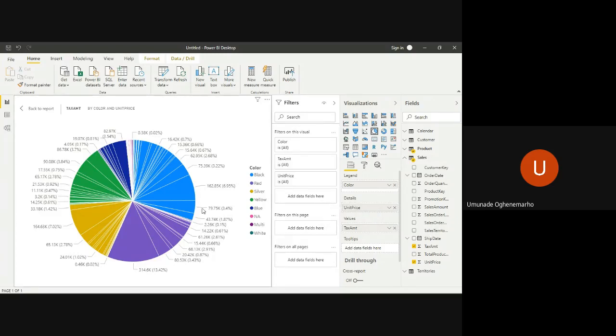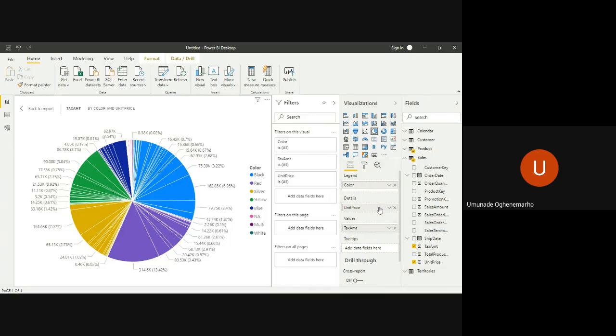So black has one, two. So black will have numerous instances of tax amounts. So that's the detail. When you select details, it's going to select every single instance and bring it out. But when you just keep it under values, it's like using the summation.